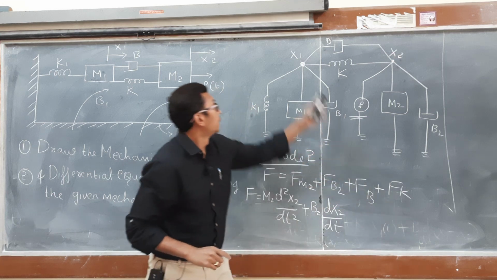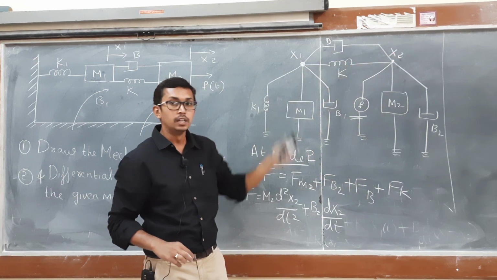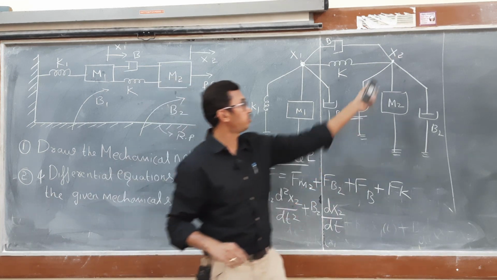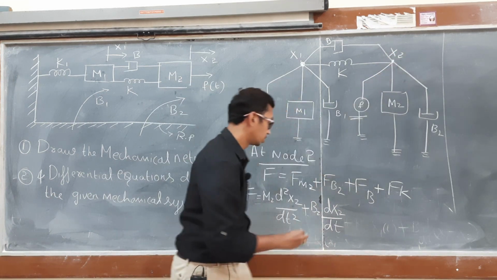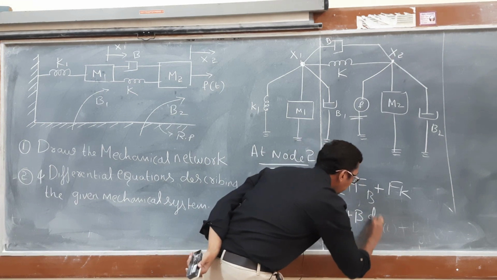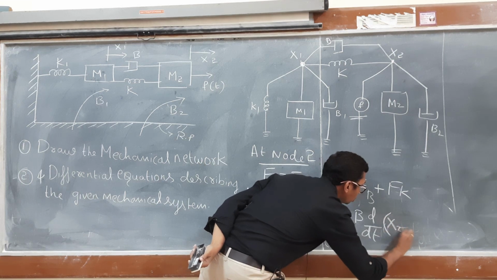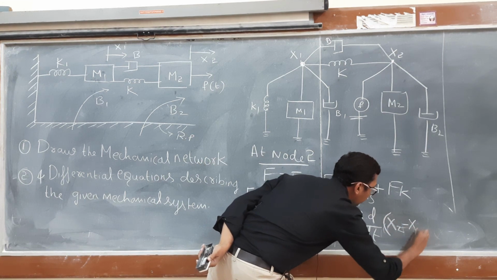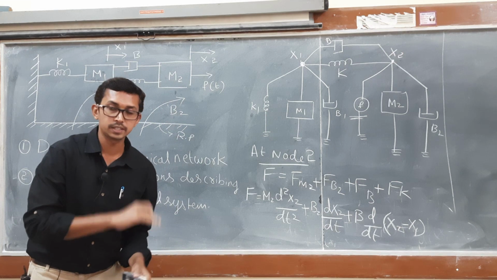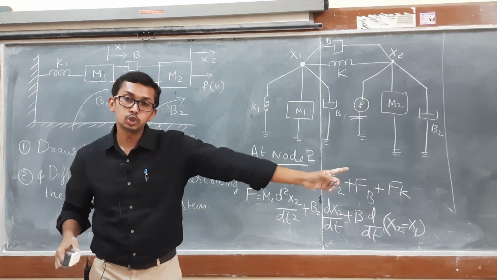Next, what do we have? F of b. B is associated with both nodes x2 and x1. Now we are writing the differential equation for node 2. So this will be b d by dt of x2 minus x1. In the previous case we did x1 minus x2, with reference to node 1.